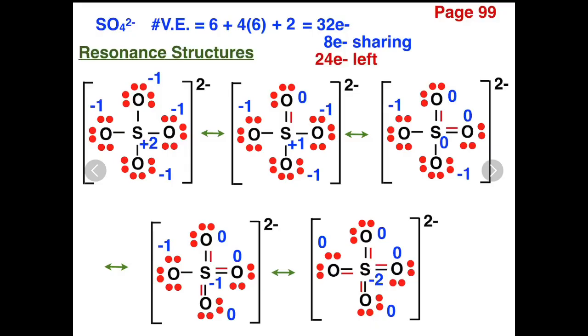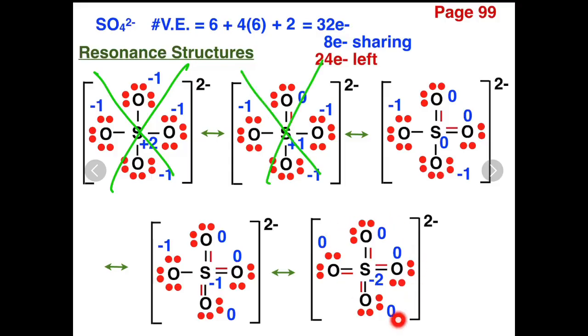The most important Lewis structure needs to have the formal charge for each atom closest to 0. We can eliminate this one because it's not close to 0. This is not going to be the most important one. The second one clearly has just one 0, so we can also eliminate it. Now what about this one?